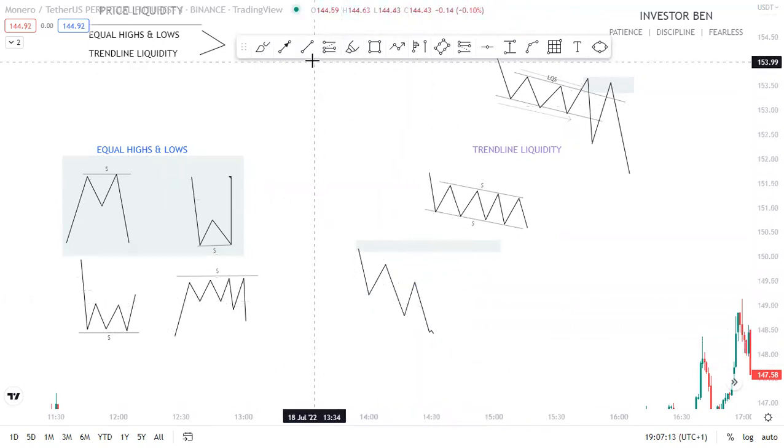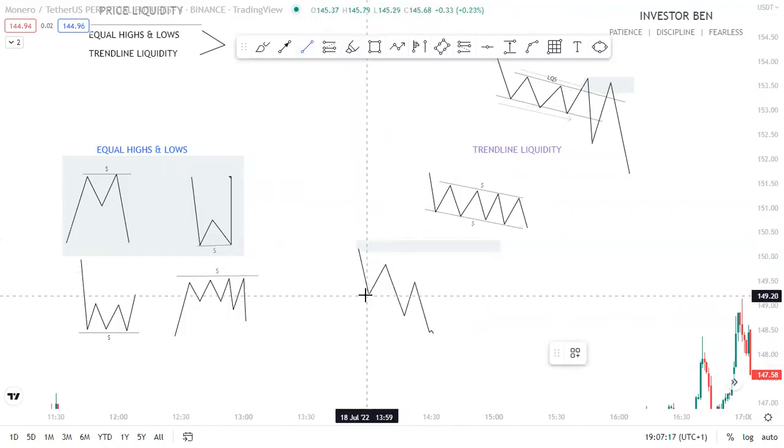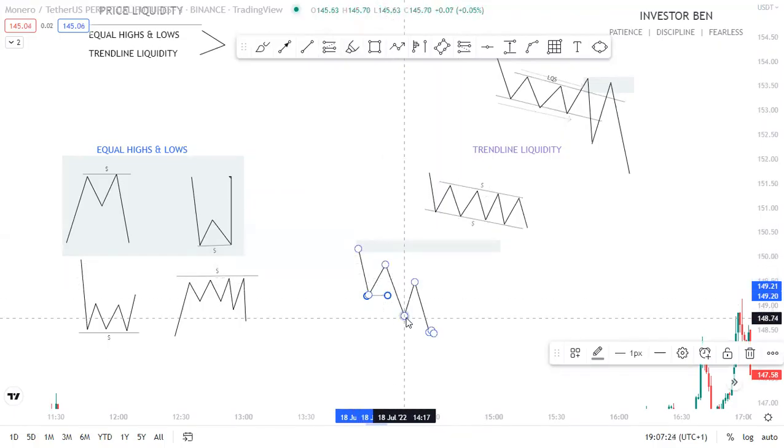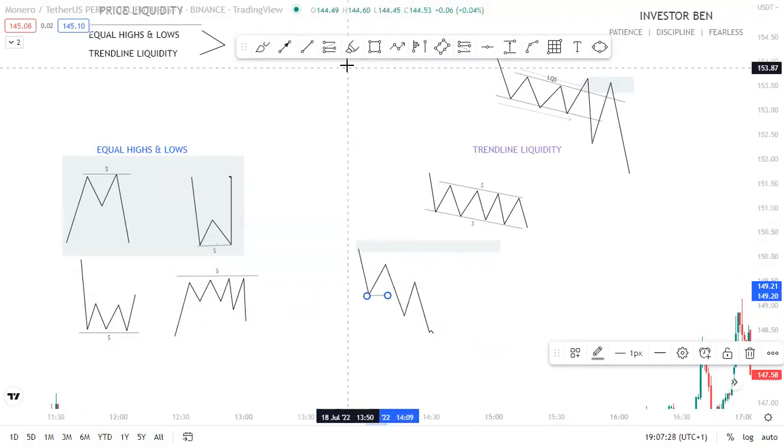What happened at this point is price created the first low. This is a low, right? Then price retraced to the upside, created a lower low.